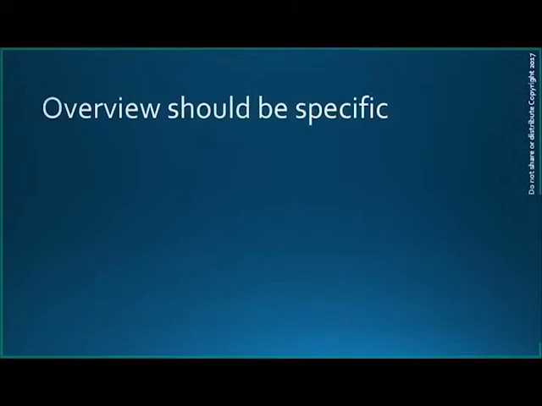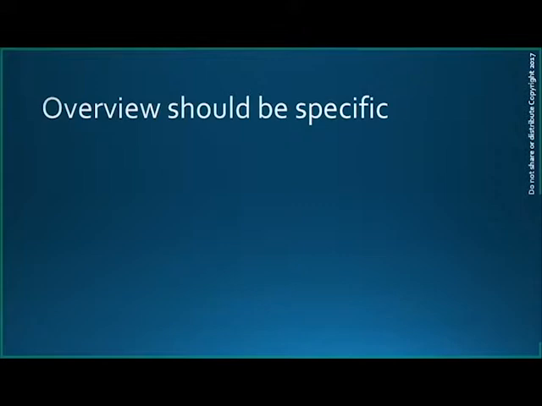The next thing that should be included in your presentation is an overview, and I encourage you to always include an overview. Cognitive researchers have done research on the best ways to help people pay attention, but also to remember the information from an oral presentation.